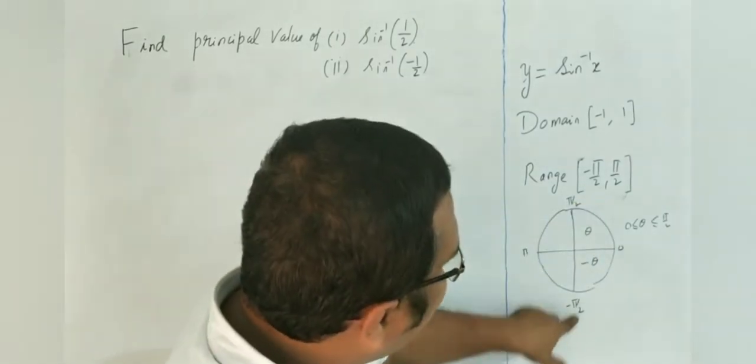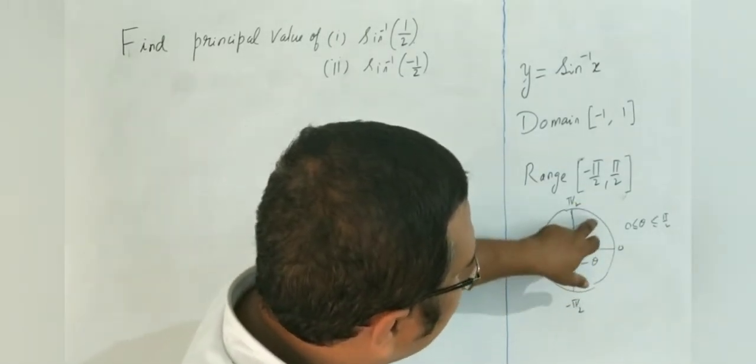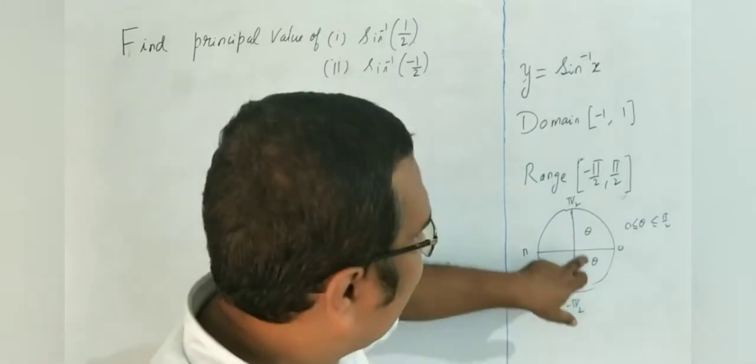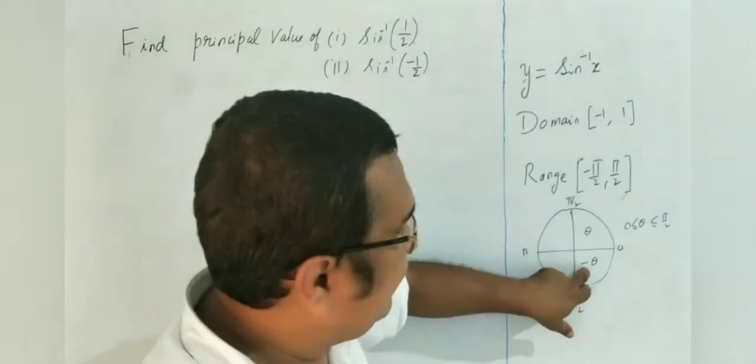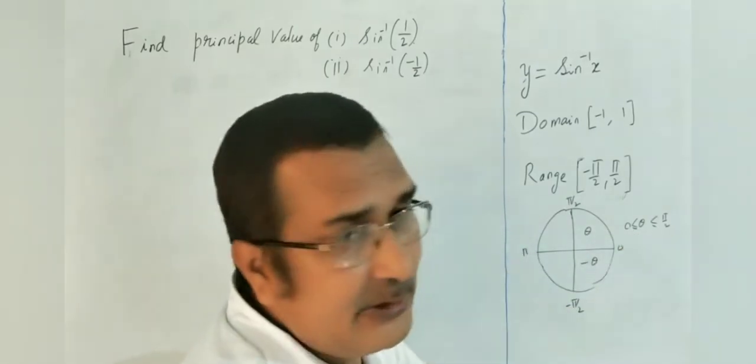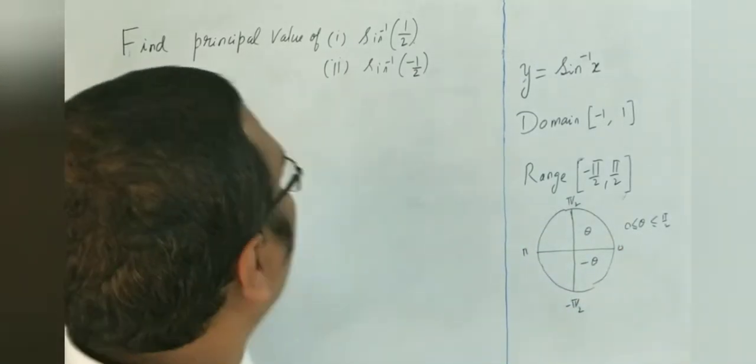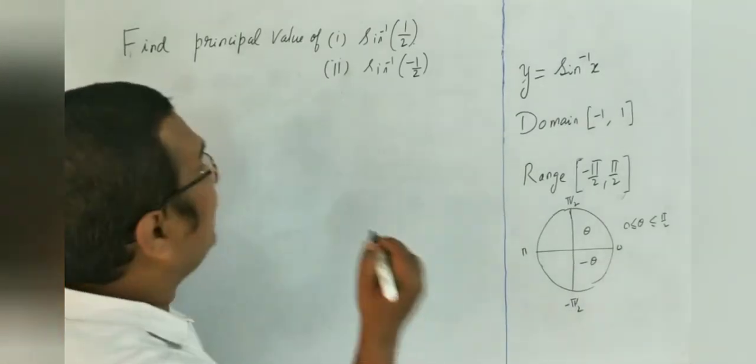Minus pi by 2 to pi by 2 covers the first quadrant and the fourth quadrant. In the first quadrant we write theta, in the fourth quadrant we write minus theta, and theta is between 0 to pi by 2. Now, how to solve the problem?